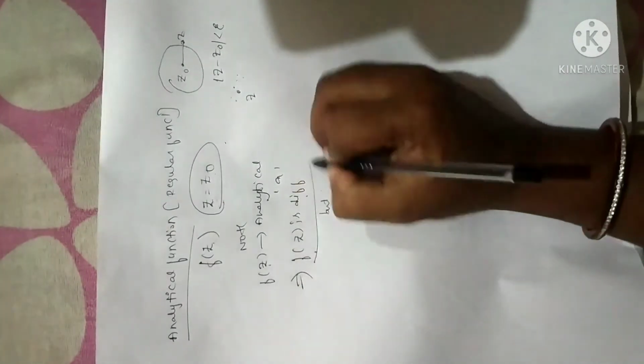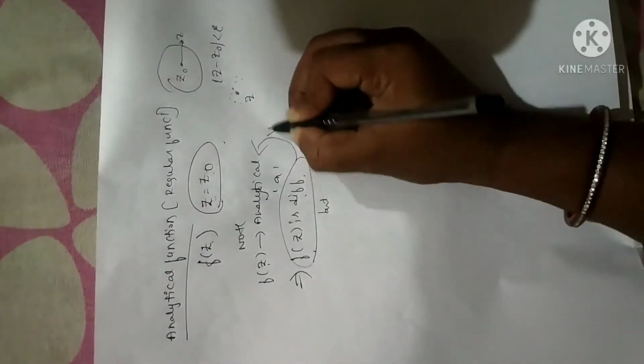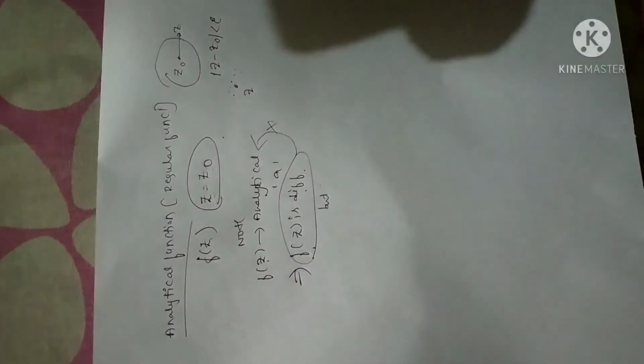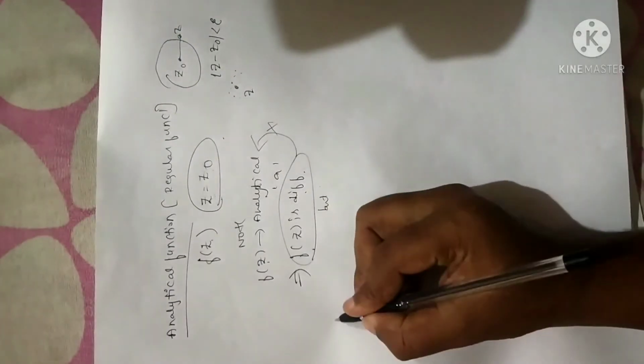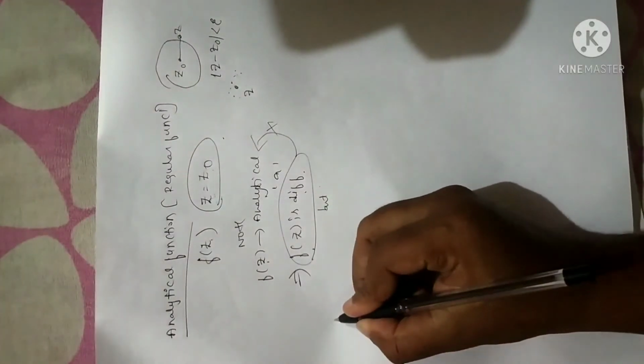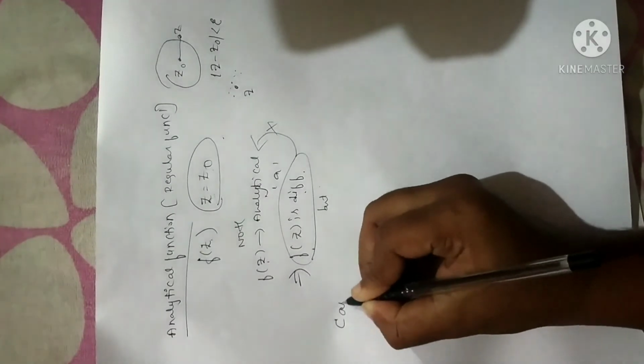In the sense, if f of z is differentiable, it need not be analytical. This theorem is there in your UG class, but you have to remember the statement. Further, we are going to make use of this statement in further proofs. Fine. Now, the first theorem in your complex analysis of second semester is Cauchy's integral theorem.